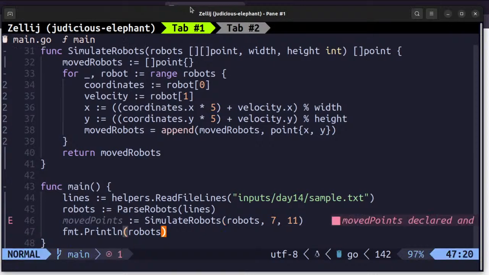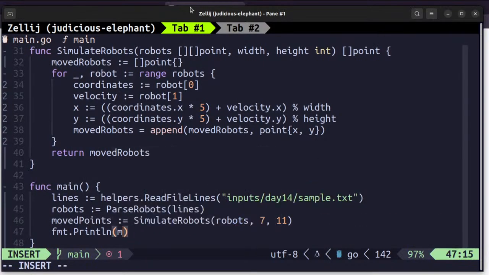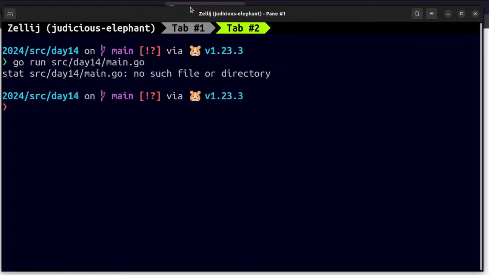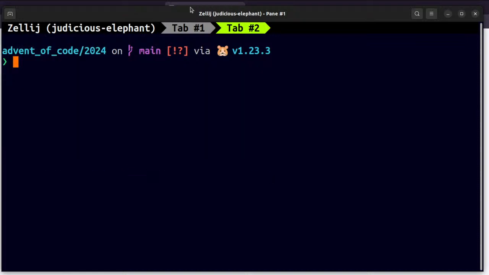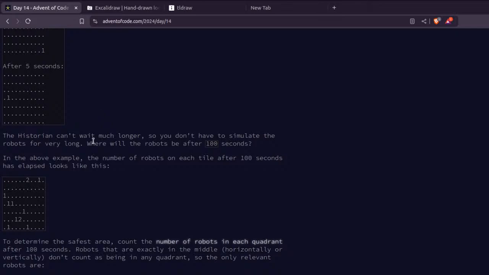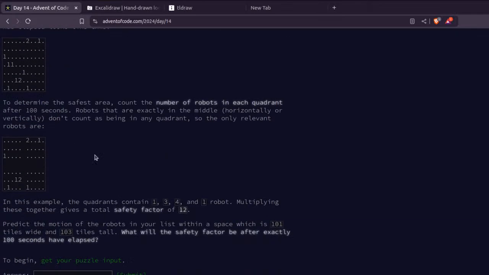So we'll print the new moved points. So 3 6 1 1 0 6. Let me check. 3 and 6.